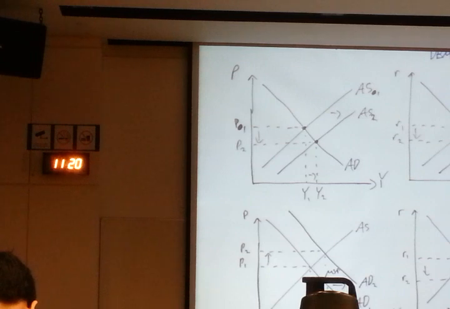The most common mistake in answering this question was to interpret a change in interest rates or a change in output as a shock itself. I shouldn't need to say this, but remember in ISLM, in AD-AS, variables like interest rates, output, prices, these are endogenous variables.